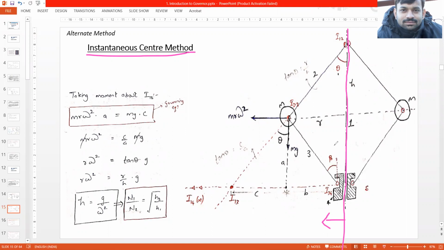Now, the axis of the spindle is considered as link number 1, and this upper arm is link number 2. This lower arm is link number 3, and the sleeve is link number 4. They form a slider crank mechanism.